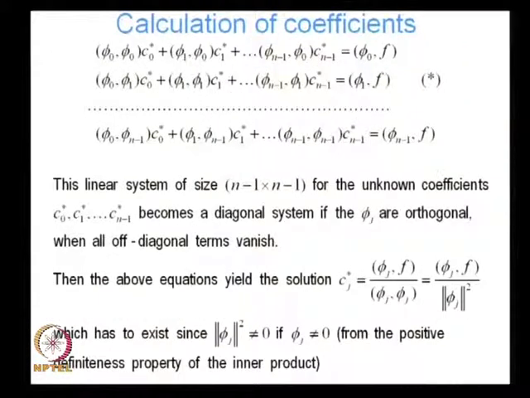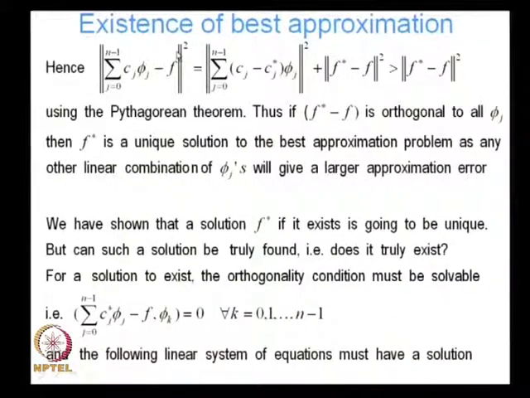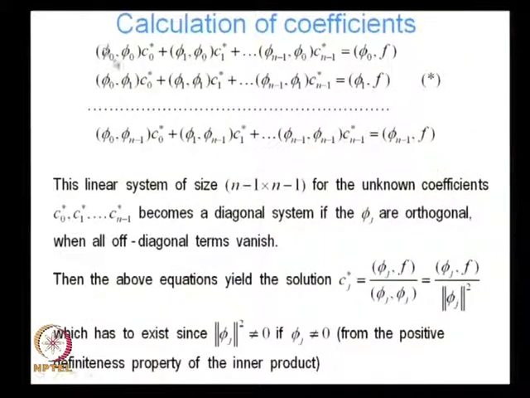What is that linear system? It is going to be something like this, just by expanding this out: Cj star phi j minus f comma phi k equal to 0, expanding that out, phi 0 comma phi 0 c 0 star, phi 1 comma phi 0 c 1 star equal to phi 0 comma f, right.